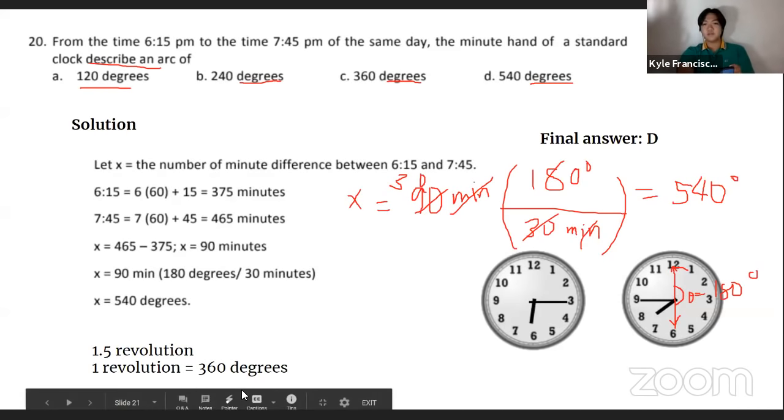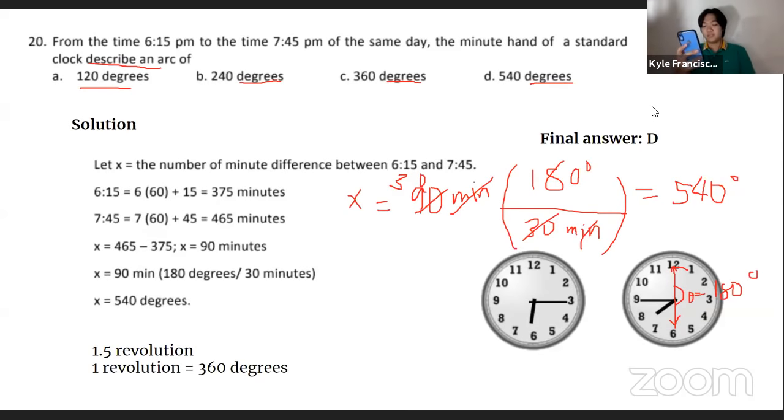Okay. So, for the last question from Christina Nunez. Sir, pwede po bang paulit ng explanation sa number 14? Okay, number 14.